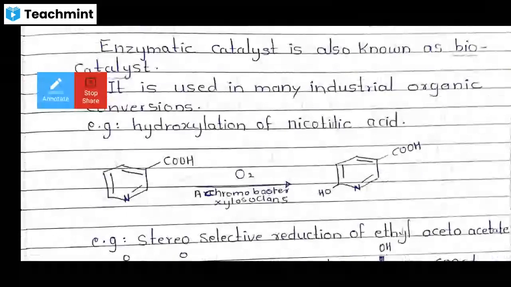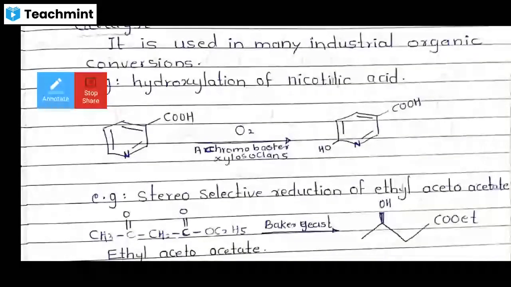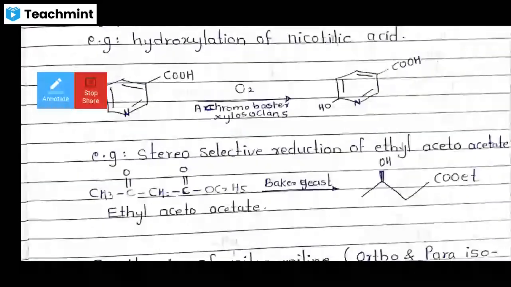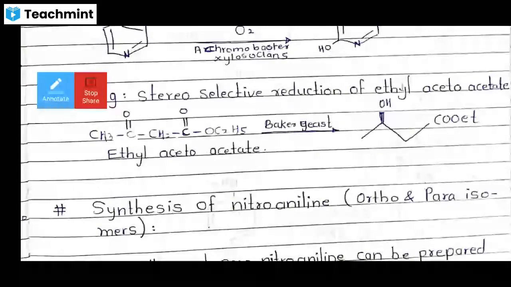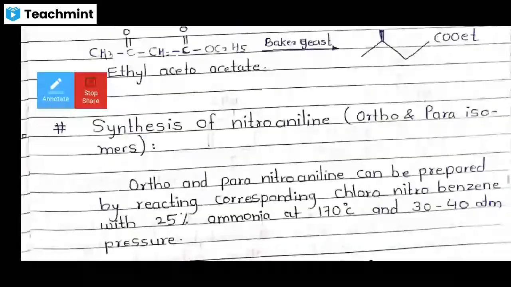Okay, so stereoselective reactions are another example, with acetoacetate, where baker's yeast is used. Baker's yeast is easily available, inexpensive, and gives the stereoselective product, and the yield is also high.